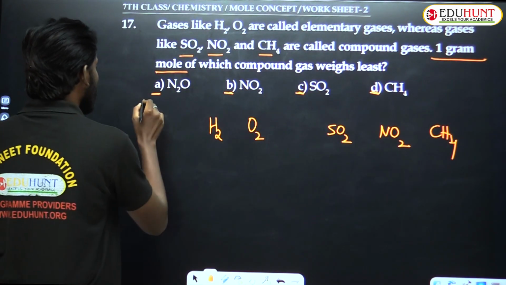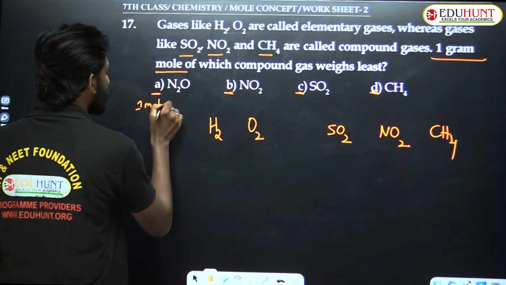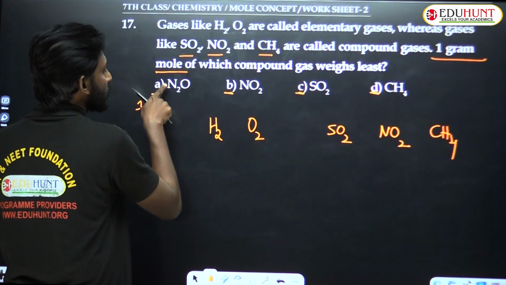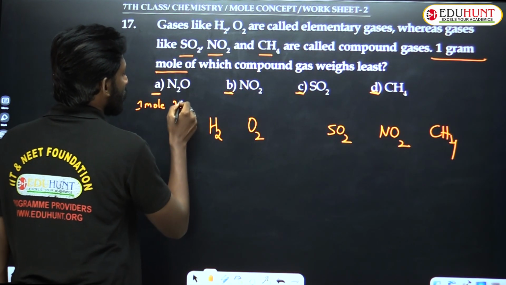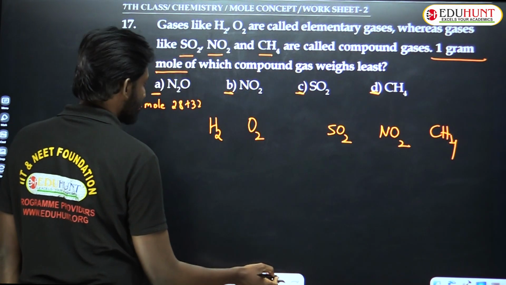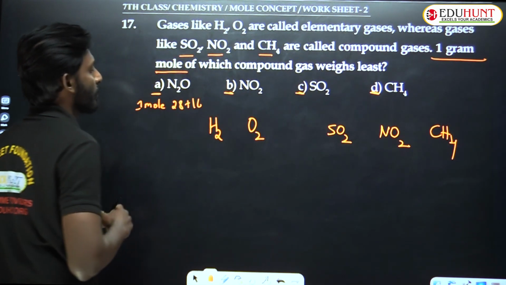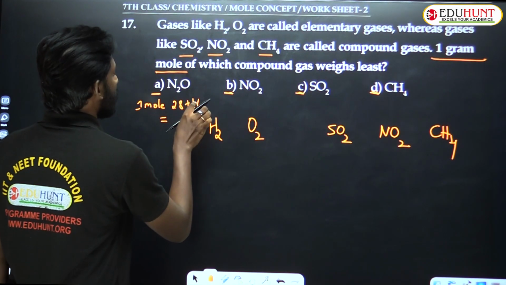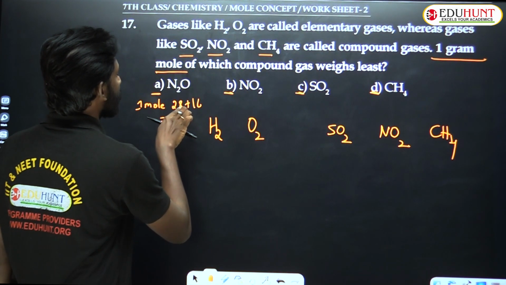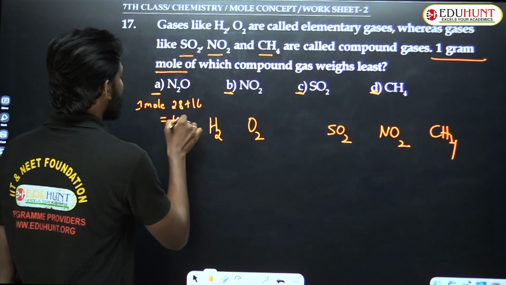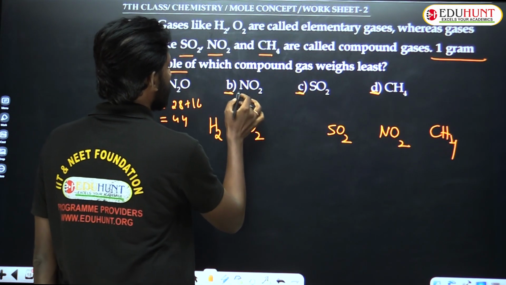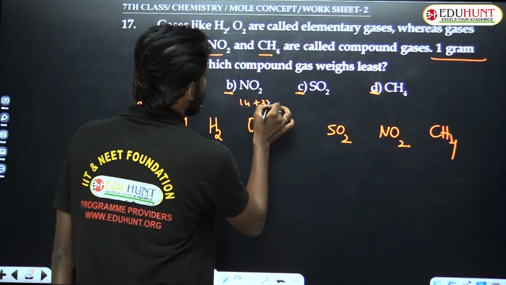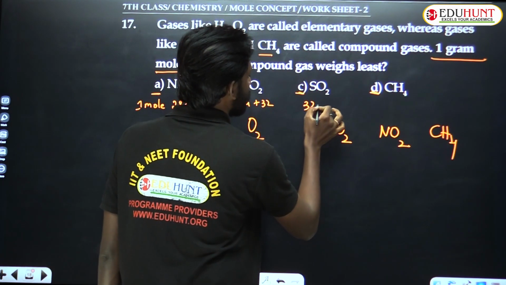First, if you take 1 mole N2O, what will be the mass? Molar mass, 28 plus 16, which is 44. For NO2, the molar mass will be 14 plus 32, which is 46. For SO2, 32 plus 32, which is 64.